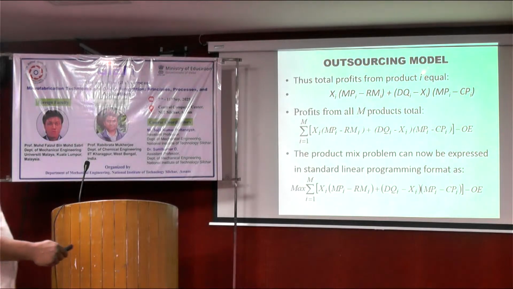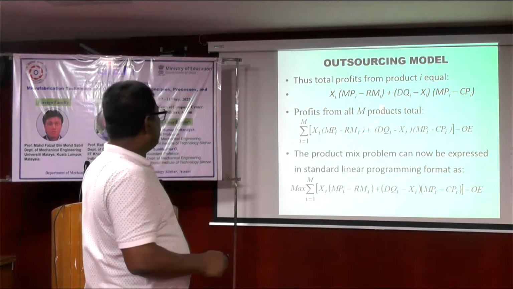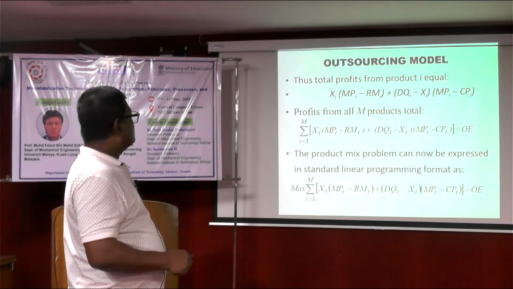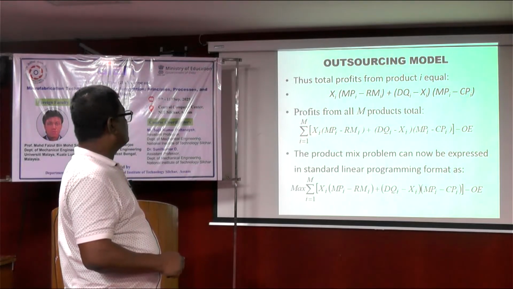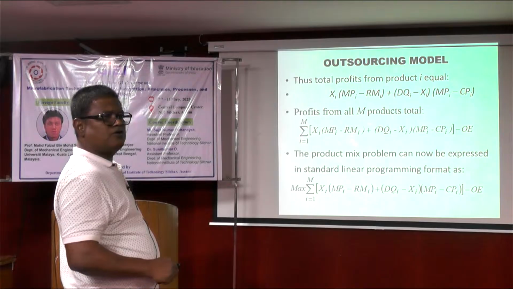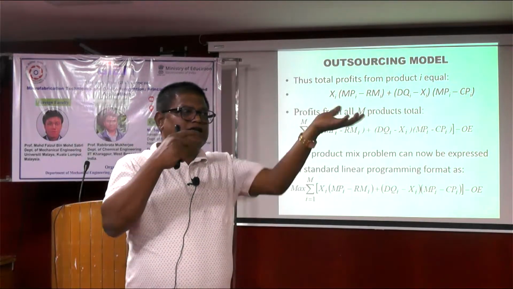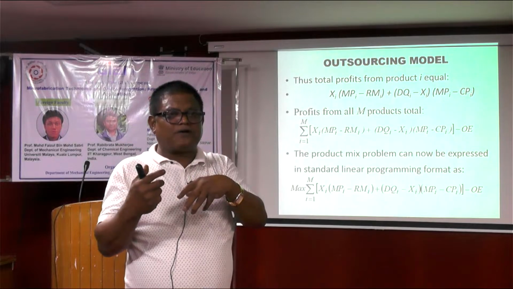This is for one product. How many products do I have? M types of products, so it will be a summation over I from 1 to m. This is the total throughput. And what is throughput? Selling price minus raw material price.